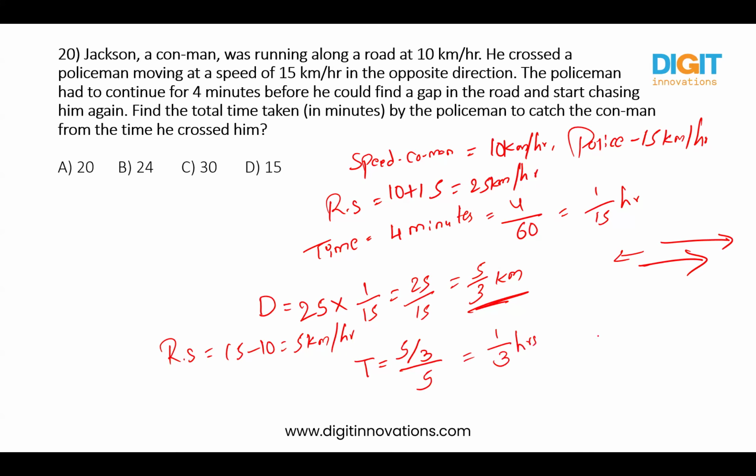So I am converting this into minutes. 1 by 3 into 60. 3 ones are 3, 3 20s. So he took 20 minutes to chase him and catch him. This is 20 minutes. They ask for the total time. The waiting time also we have to count. So 20 plus 4, which is 24 minutes. Option B.